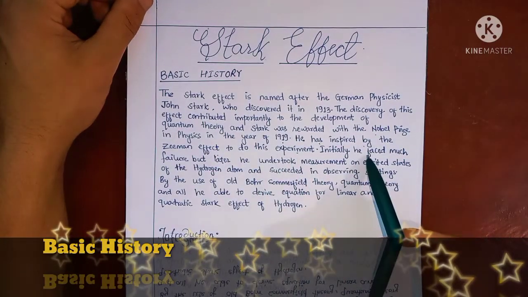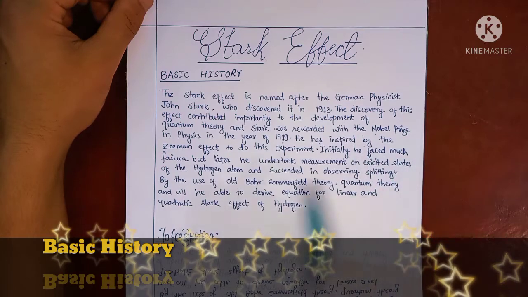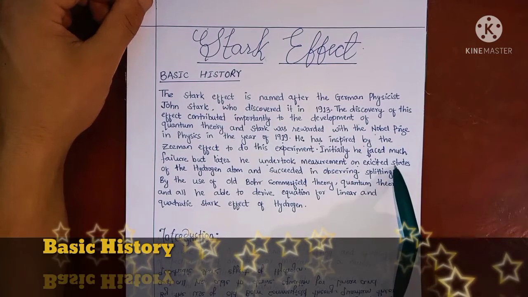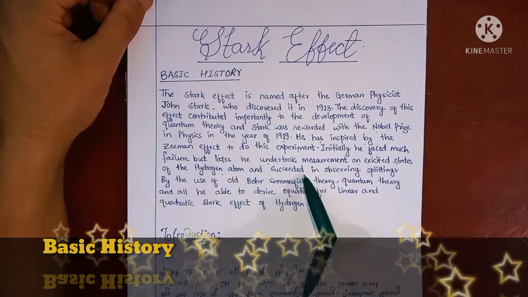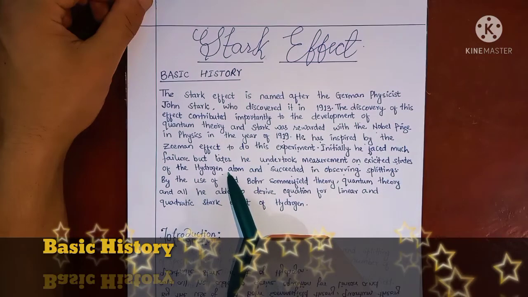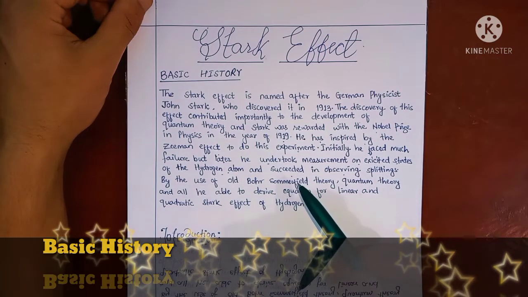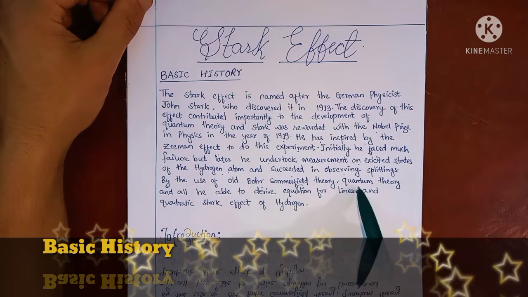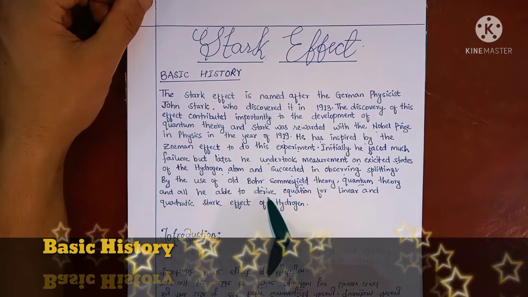Initially, he faced many failures, but later he undertook a measurement on the excited state of the hydrogen atom, and he succeeded in observing the splitting of the hydrogen atom into different components. By the use of the old Bohr-Sommerfeld theory and quantum theory, he was able to derive the equations for the linear and quadratic Stark effect of hydrogen.